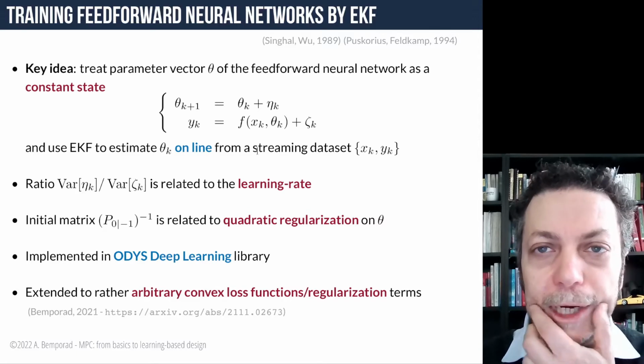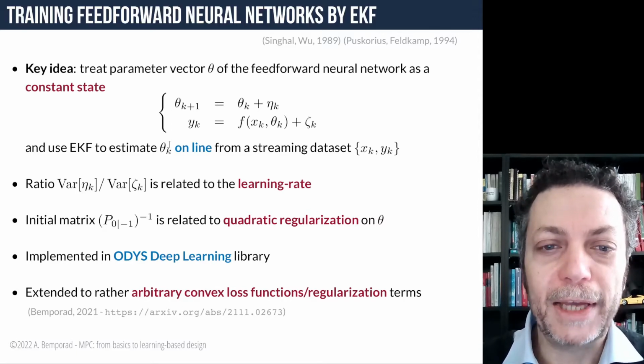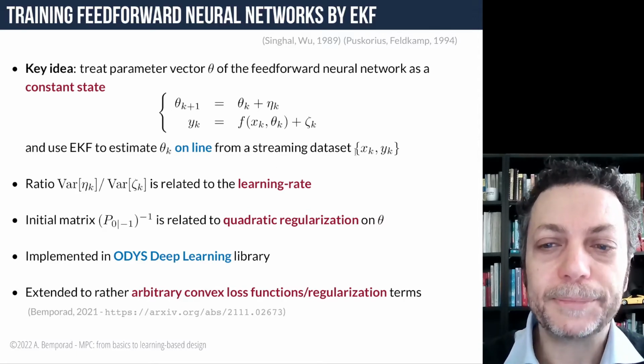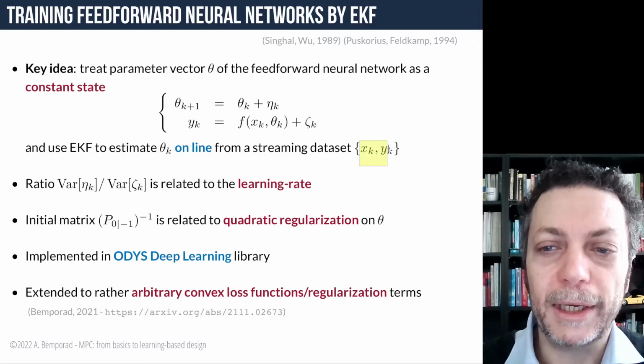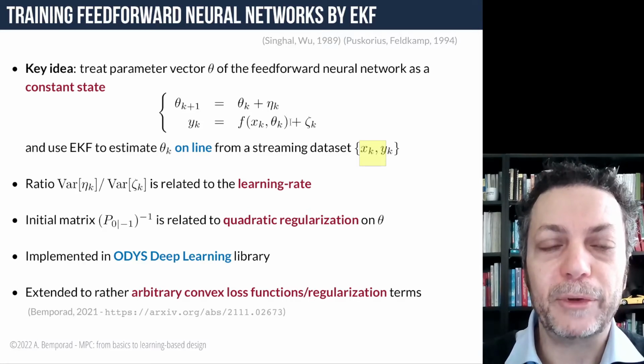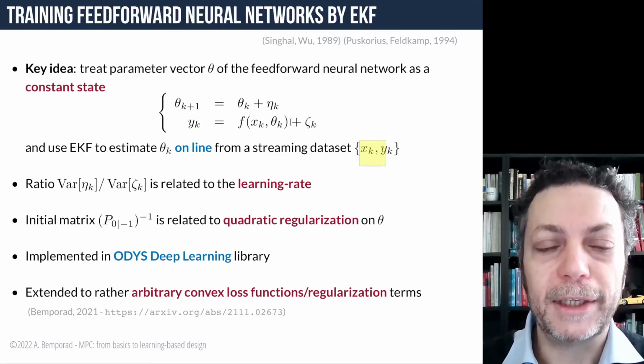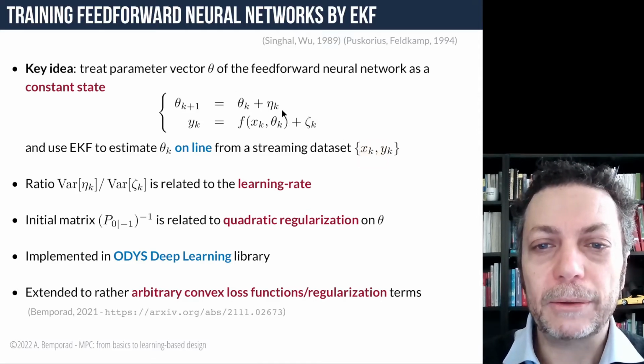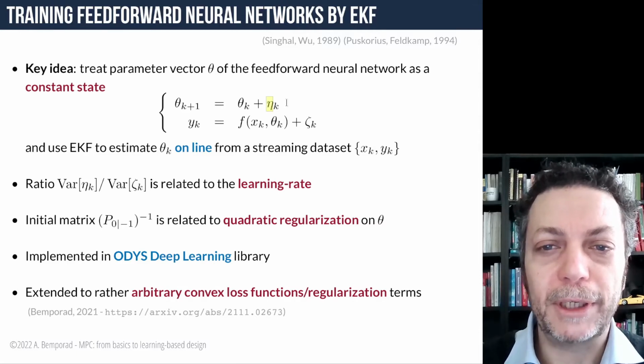So if you use extended Kalman filtering to estimate theta online from a streaming data set of inputs xk and outputs yk, you can use extended Kalman filtering for online estimation. In this case, the speed of convergence of the Kalman filter depends on the covariance matrices you use for the input noise and for the measurement noise.